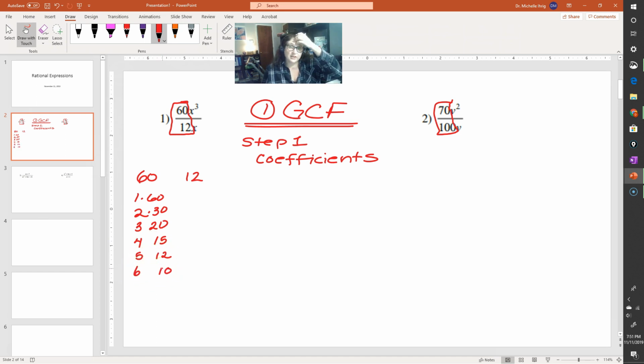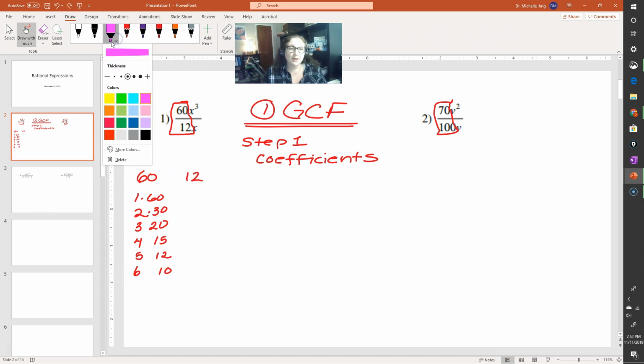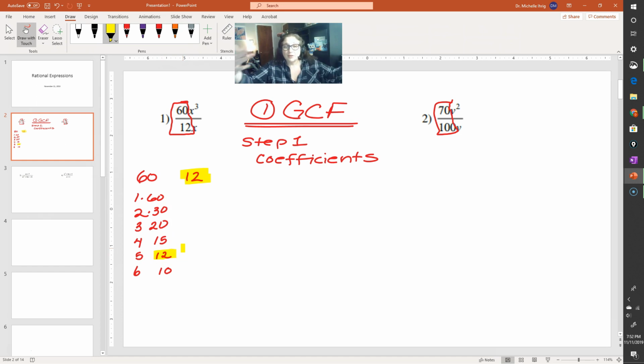Those are the factors for 60. Right away, I notice that this has a 12 here and a 12 here. So my greatest common factor for my coefficients is going to be 12, because you can't get any bigger than 12, and 12 can go into 60.